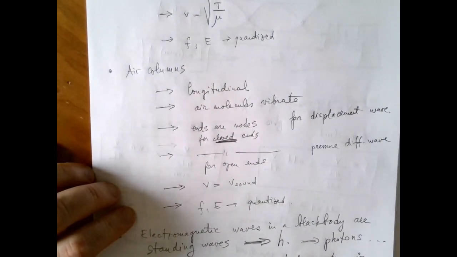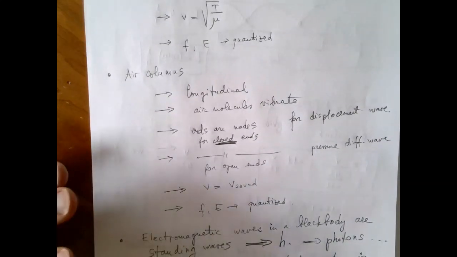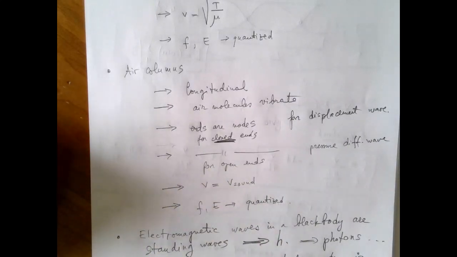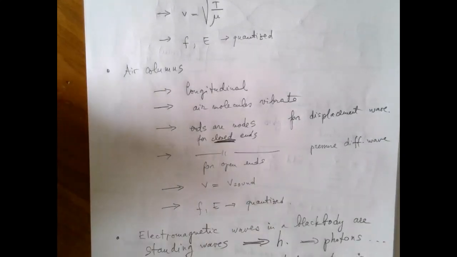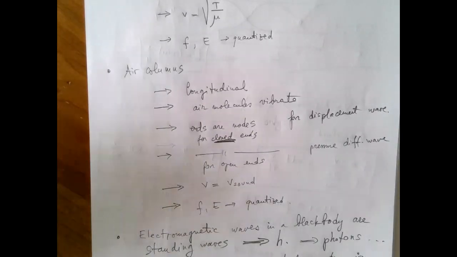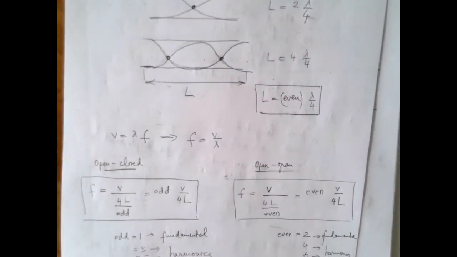This is actually a consequence of boundary conditions. We saw that in greater detail in the string standing wave, in which we found the energy was quantized, but that has nothing to do with quantum physics. That has to do with the boundary condition, forcing the ends of the string to be nodes. And something similar, of course, happens in standing waves in air columns.